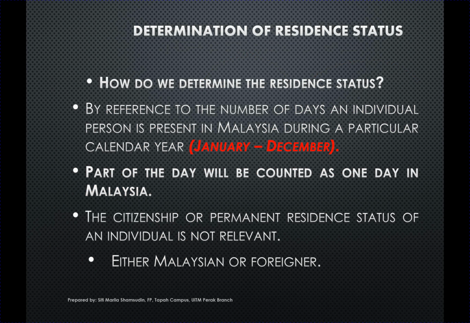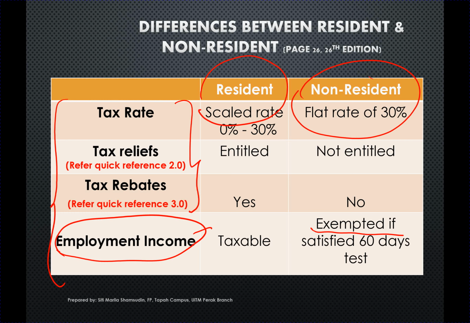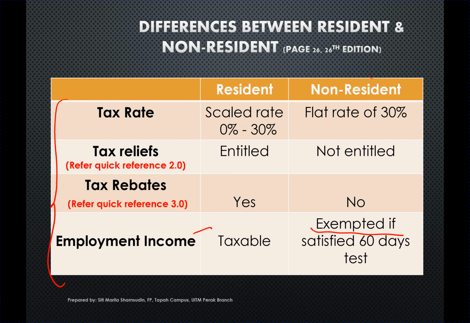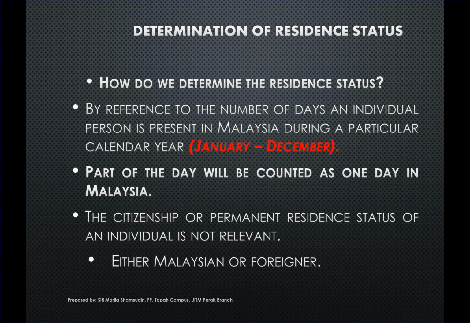Okay, now basically dia sangat beneficial untuk jadi resident. Resident ni lagi bagus, dia dapat bintang 5 star ni. Okay, if you need to pay tax in Malaysia, it is much better for you to become a resident. But how are you going to be considered as a resident in Malaysia?